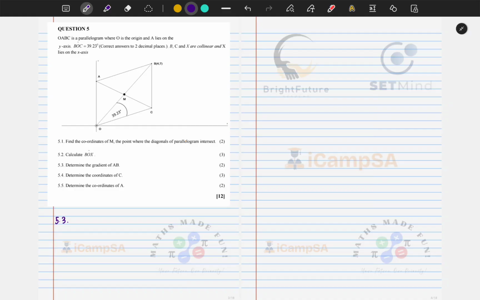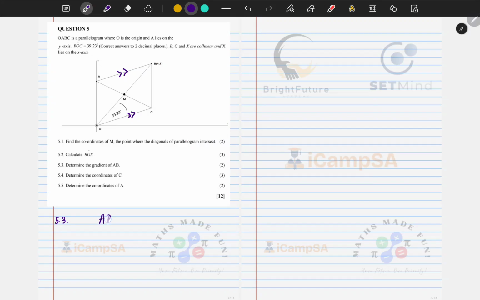And what do we know about two opposite sides of a parallelogram? They are parallel. So that means that your AB is going to be parallel to OC. So this means that both these are going to be parallel to each other.